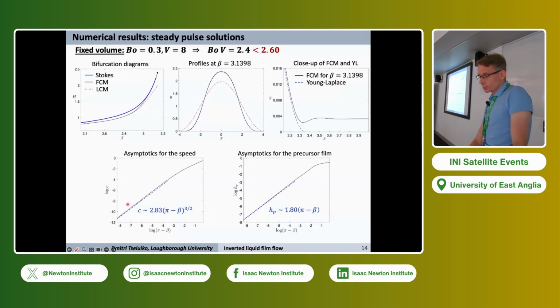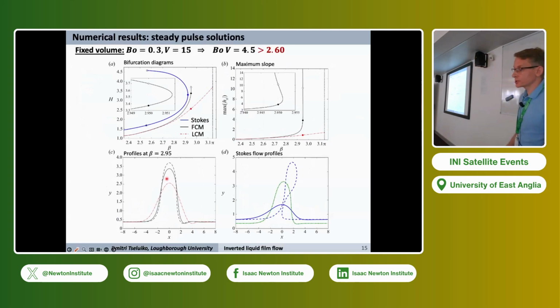Here we plot the speed and the precursor thickness over pi minus beta on the log-log scale. The black solid line corresponds to the numerical solutions, and the dashed line corresponds to the asymptotic prediction, and we find very good agreement.